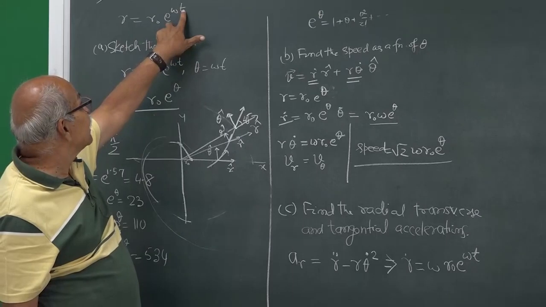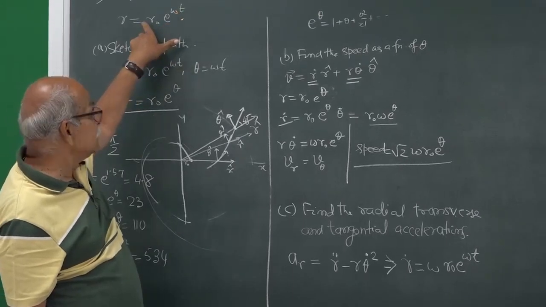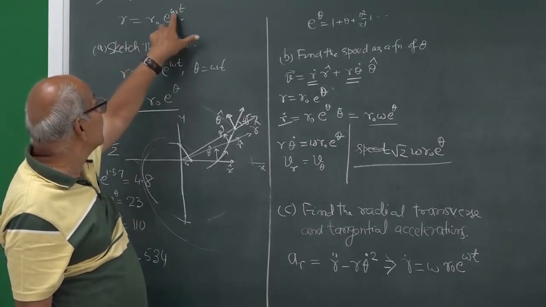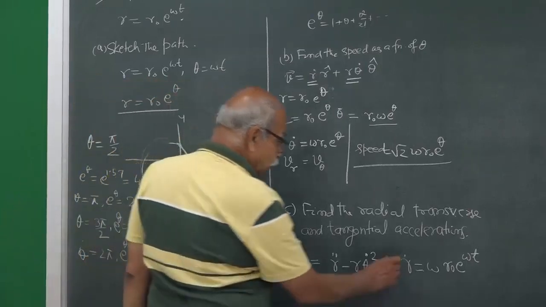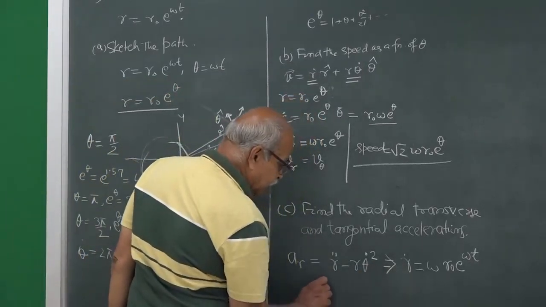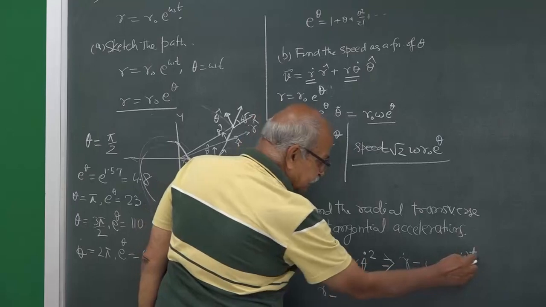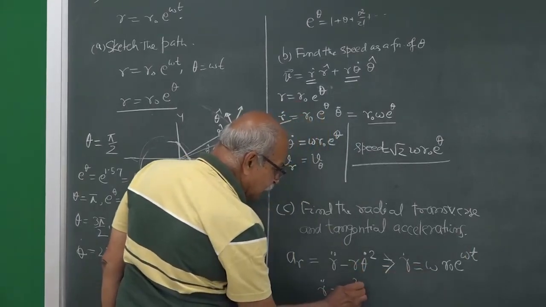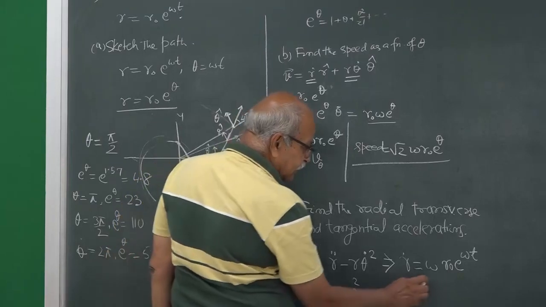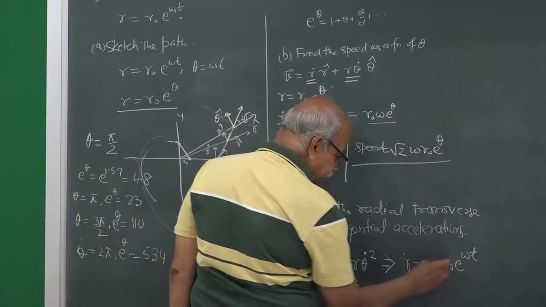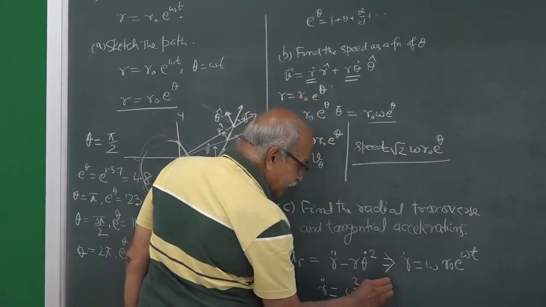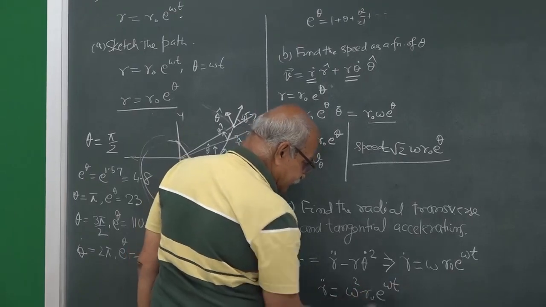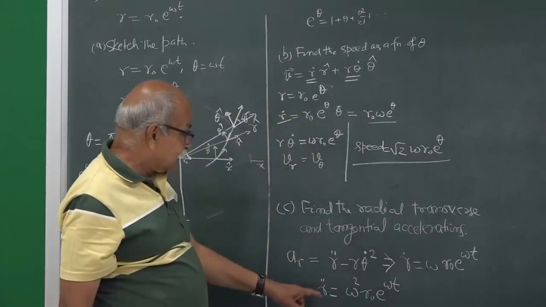So, with respect to time you differentiate, this omega comes here. So, omega r naught e to the power omega t, that is r dot, and therefore r double dot is, once again differentiating with respect to time, omega square into r naught and then e power omega t. That is r double dot.